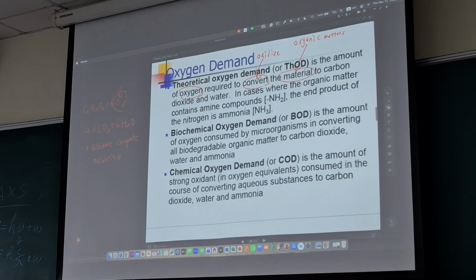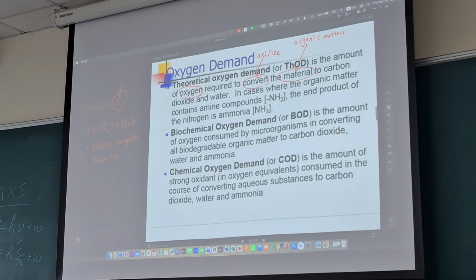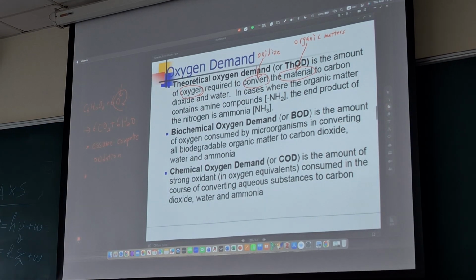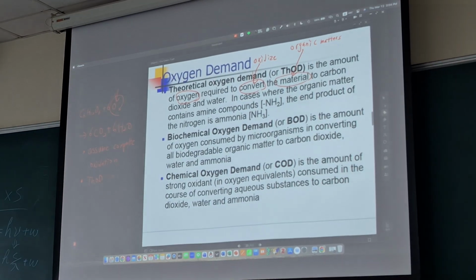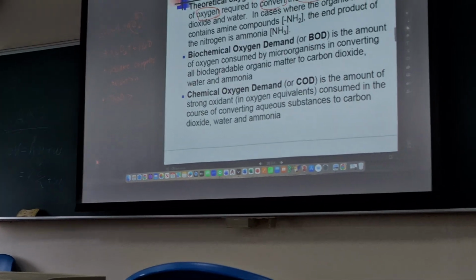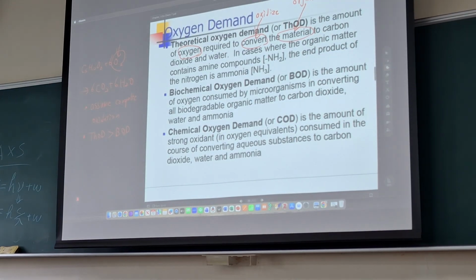We will assume, can you see the writing here? The student in the back, can you see the writing here? So we assume the complete oxidation. In this case, normally the value of THOD will be larger than what we are going to introduce, BOD.